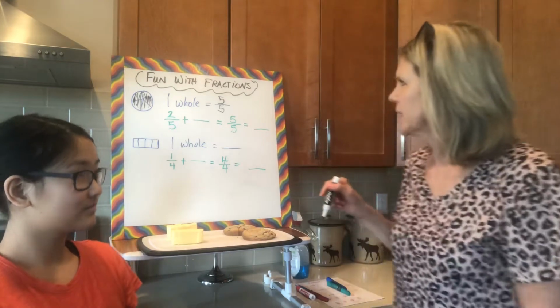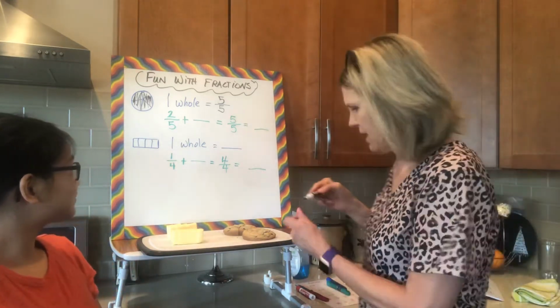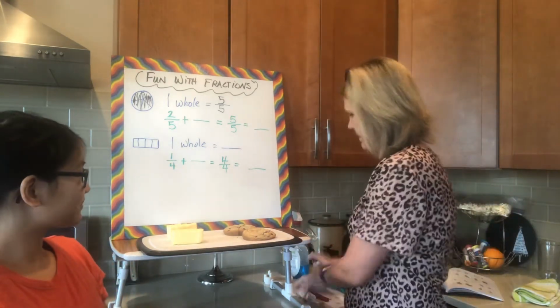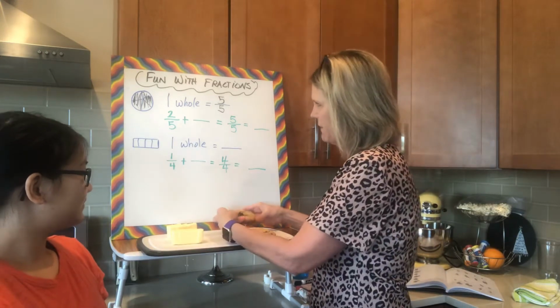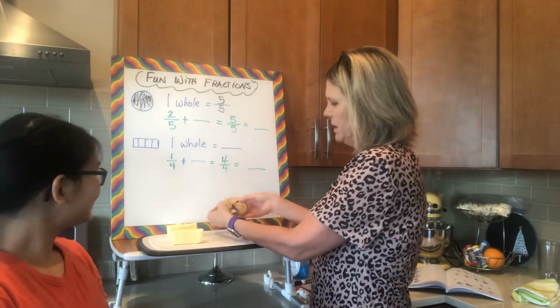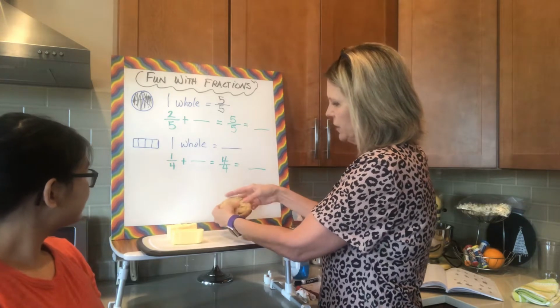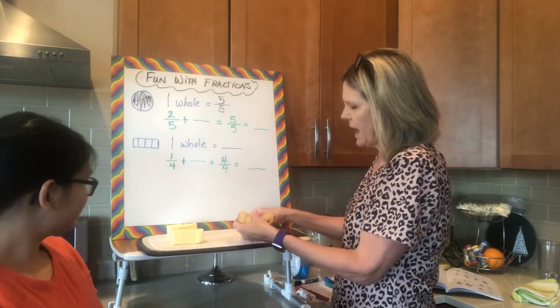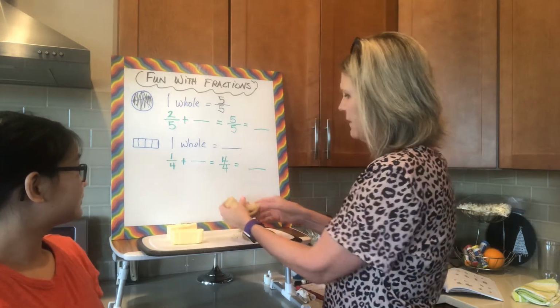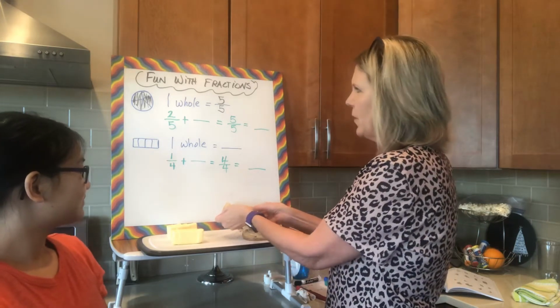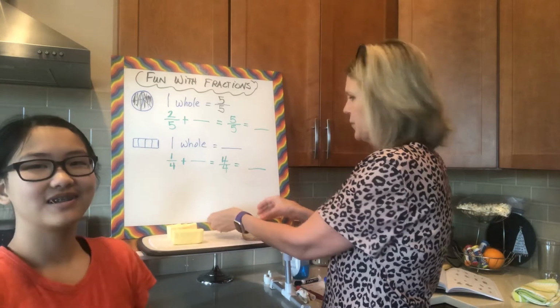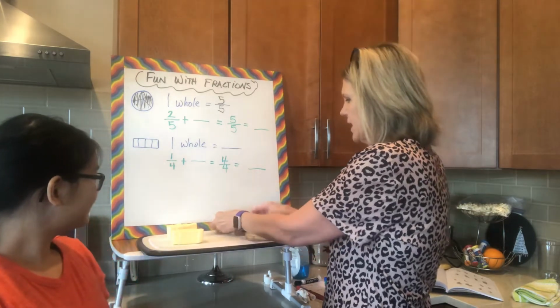Now, real quick, Ming Mei, here's my cookie again. If I have 2/5, okay, so let's just put it right here, 2/5. How many more of these fifths do I need to make that a whole? You need 3 more. 3 more, which I have, 3/5, right.